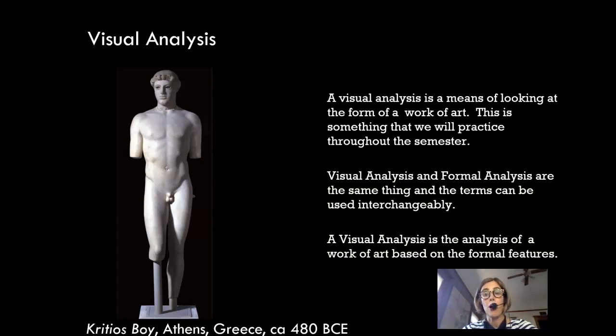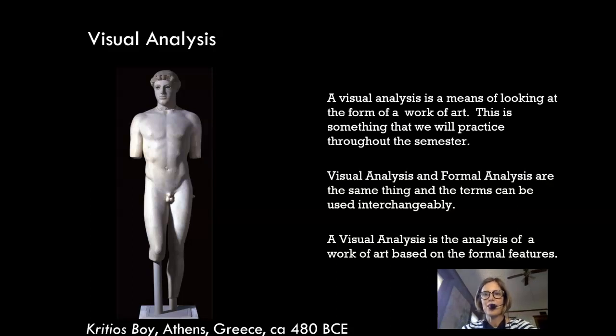I will then model a visual analysis of a photograph of myself, which will be in the discussion assignment that you will have to do, and this will serve as a jumping off point to get you familiar with what you will be doing.